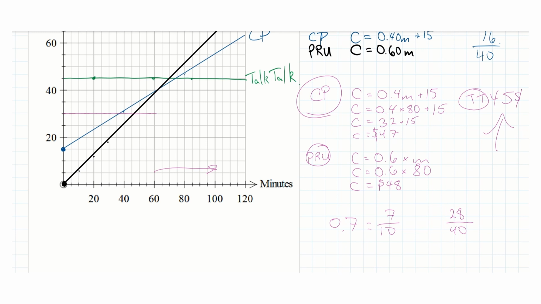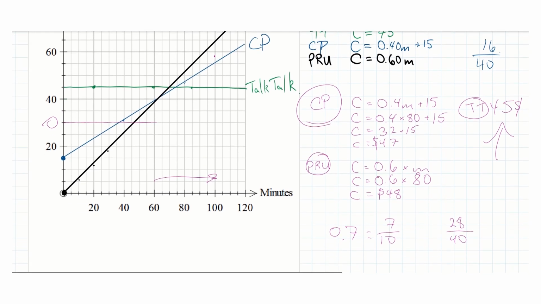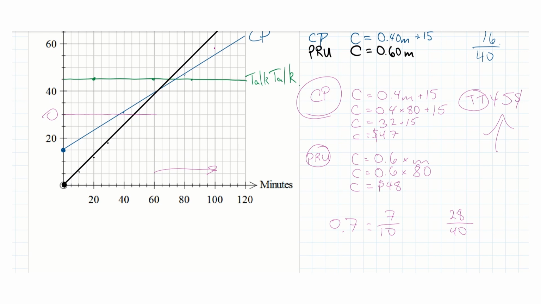So I'm starting here at 30 and I'm jumping up 28: 5, 10, 15, 20, 25, 28. It's going to be just about there. I'll put in one more. What if I go over 20? If I go over 20, then I'm going to go up 14. So over 20 here, up 14 there.